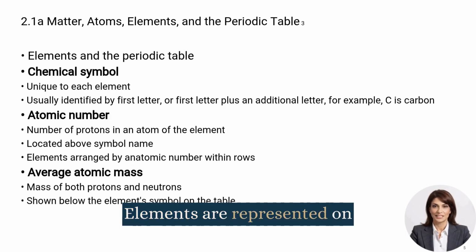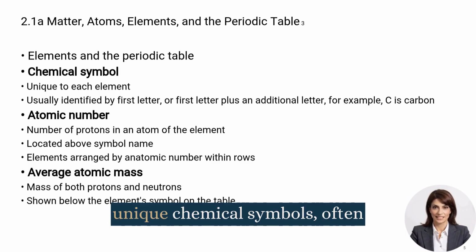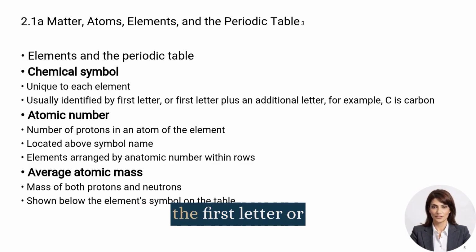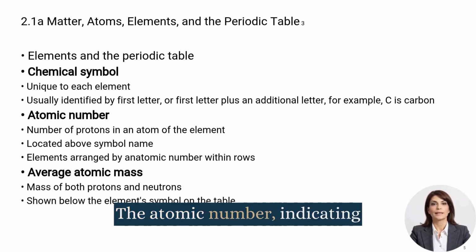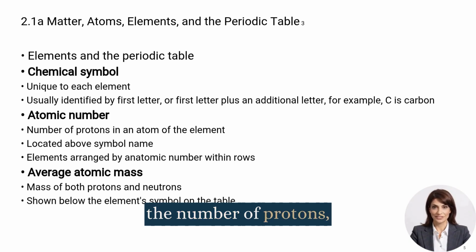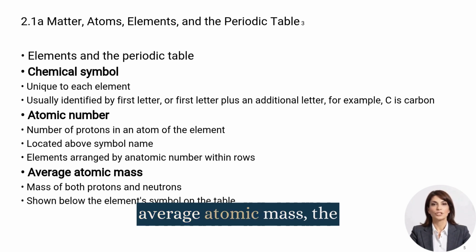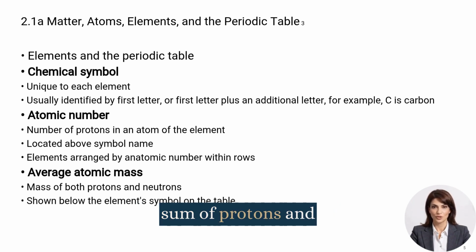Elements are represented on the periodic table by unique chemical symbols, often the first letter or two of their name, like C for carbon. The atomic number, indicating the number of protons, is above the symbol. Elements are arranged by atomic number, and the average atomic mass, the sum of protons and neutrons, is below the symbol.